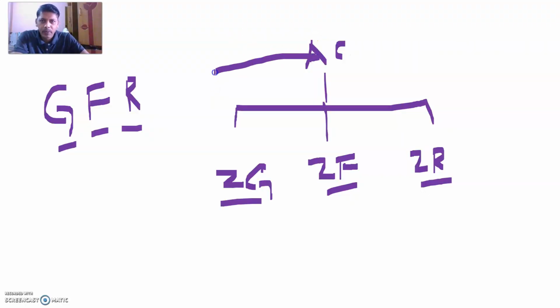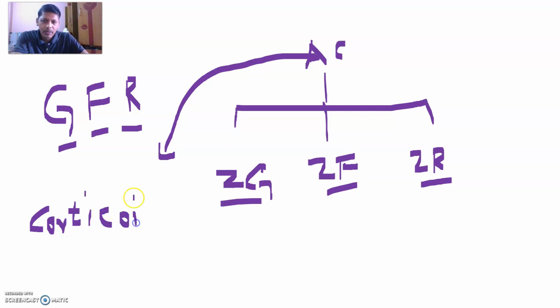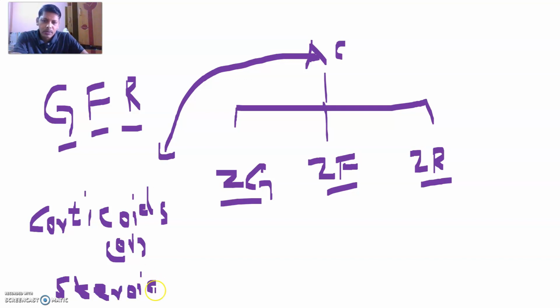Corticoids, otherwise called steroid hormones. These are the hormones produced by the adrenal cortex.